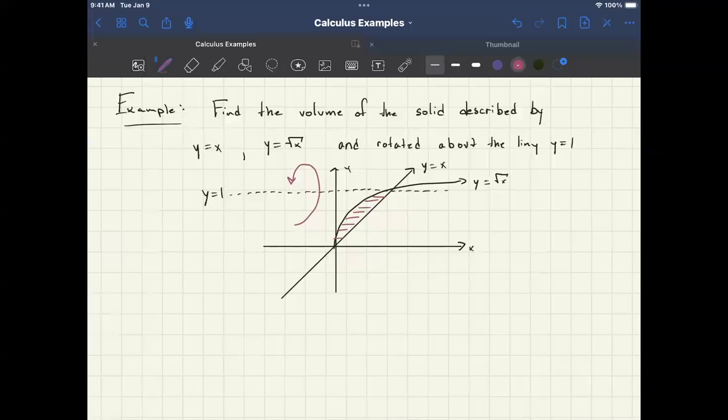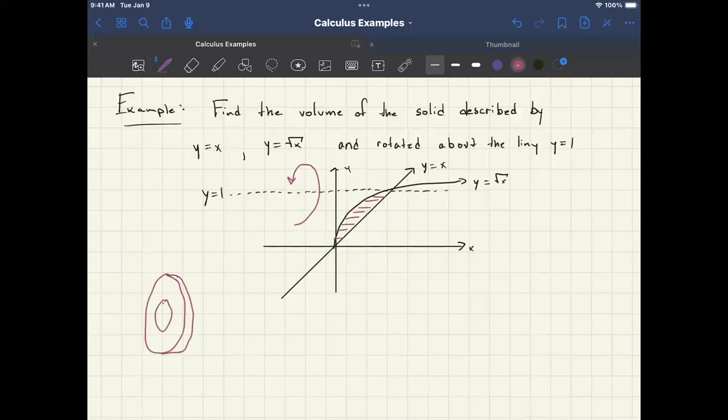It's going to look a little bit weird, but what we're going to do is chop that up and add it up the way we do for volumes. Notice when we rotate that around the line, the shape that we're going to get is kind of like a washer. Please excuse my drawings here. There's my washer.